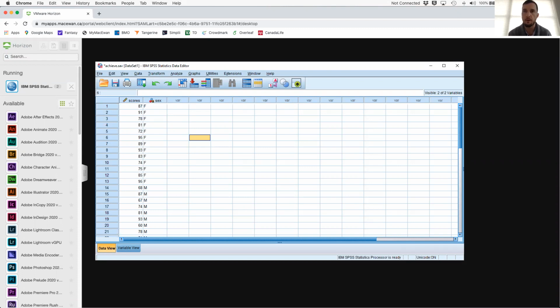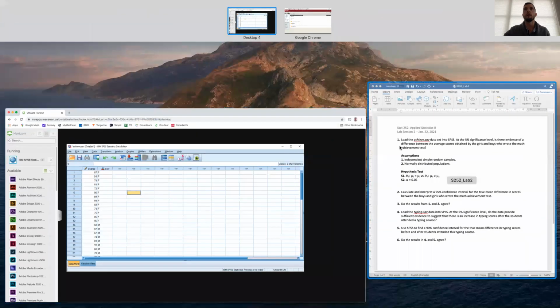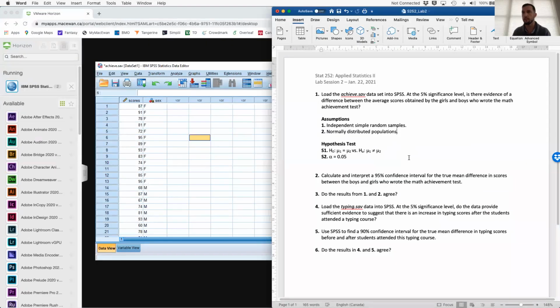Before we get to that part, I would just like to introduce 2 new topics, which are the independent 2-sample t-test and the paired t-test via SPSS. To model these 2 types of tests, I've just prepared a little question sheet like I did last class. So questions 1, 2, and 3 are related to the independent 2-sample t-test, and questions 4, 5, and 6 are related to the paired t-test.